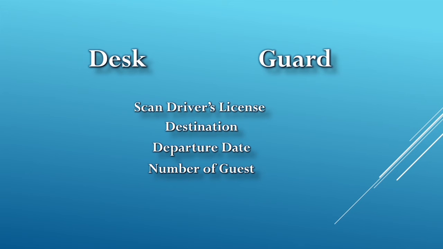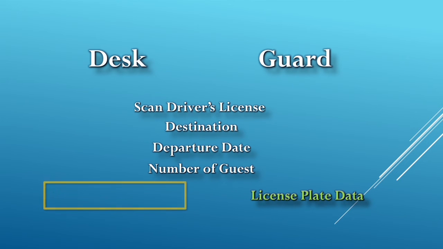The one piece of information that differs between the desk and the guardhouse is the license plate data. We really don't have that information until they get to the guardhouse. Now, there is a place where you can enter it at the desk. So if a person actually knows that, you can enter that information if you want to.